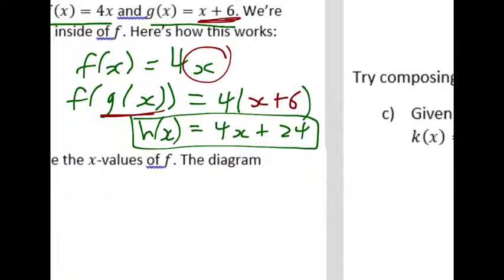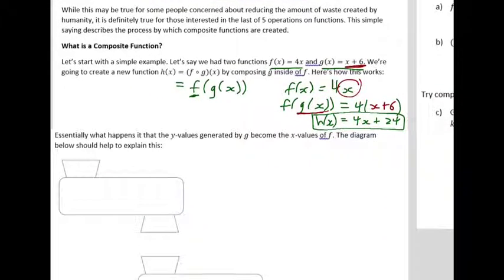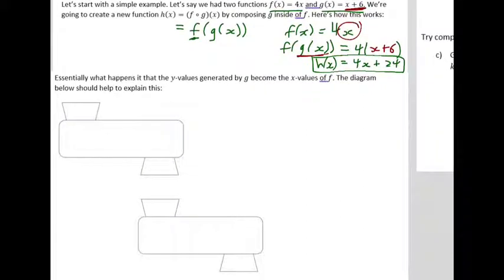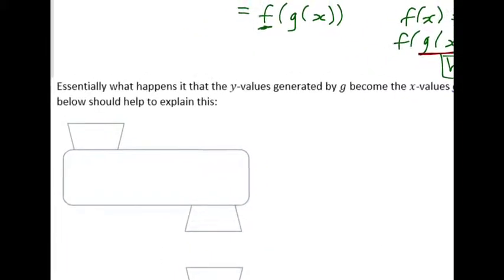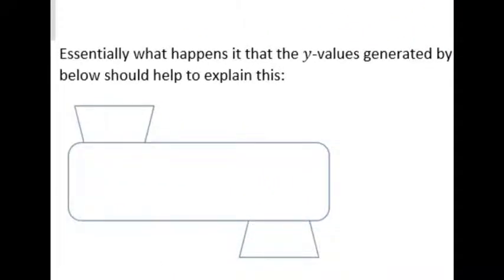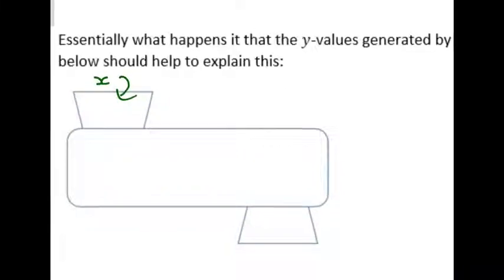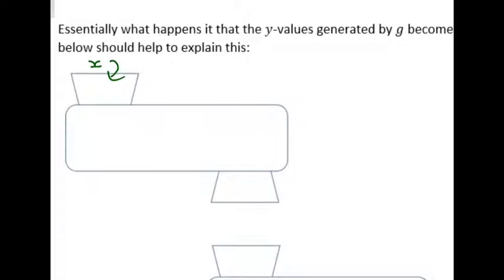You with me? Okay, so what does this do? Well, I'm going to use this diagram here to kind of show you what happens. Essentially what happens is when you put in an x value, okay, so we plop in an x value, we would evaluate g of x first. So that would be x plus 6.